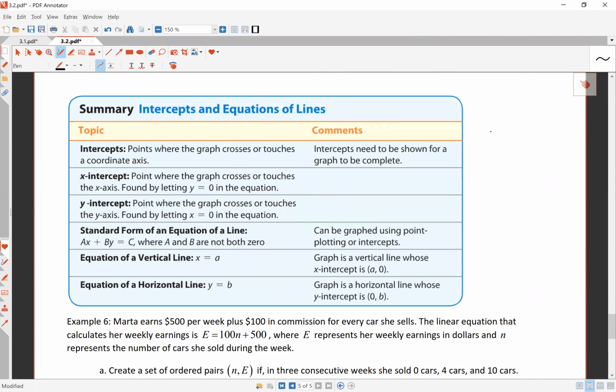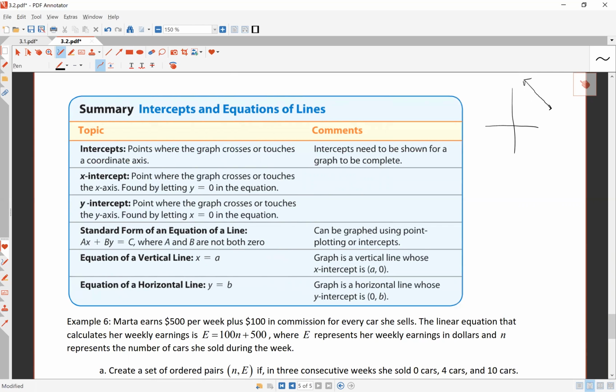All right, here's a good summary of what we've learned with lines so far. The intercepts are points where the graph crosses or touches a coordinate axis. Intercepts need to be shown for a graph to be complete. We consider a graph of a line to be incomplete if it doesn't show its intercepts.